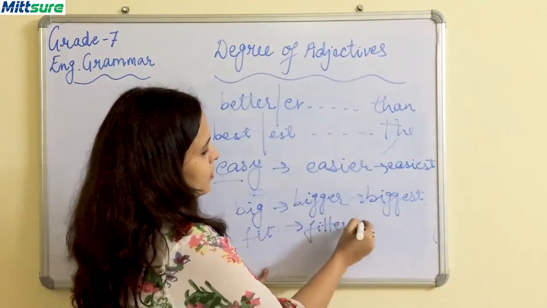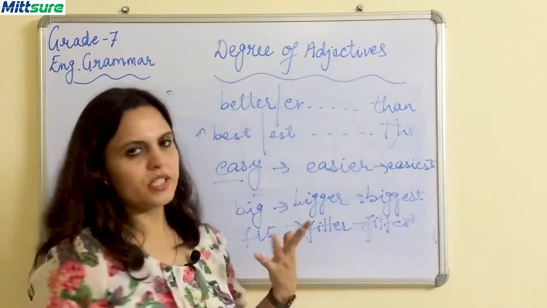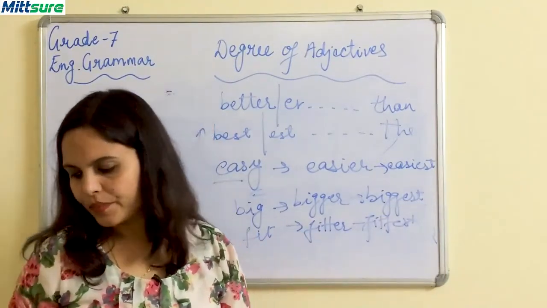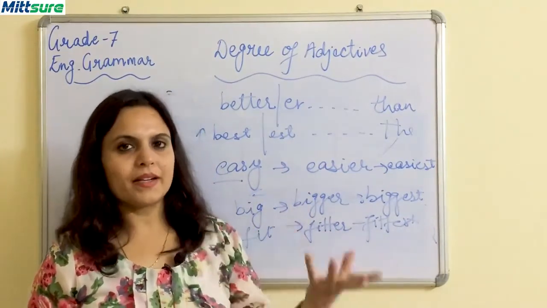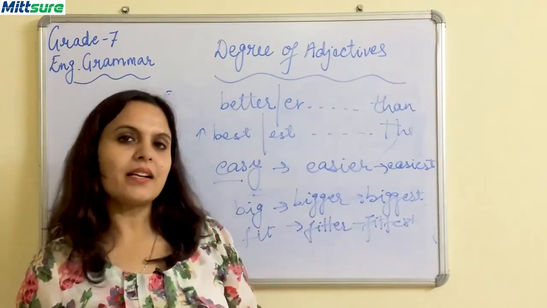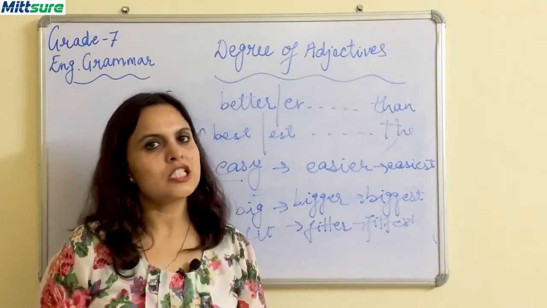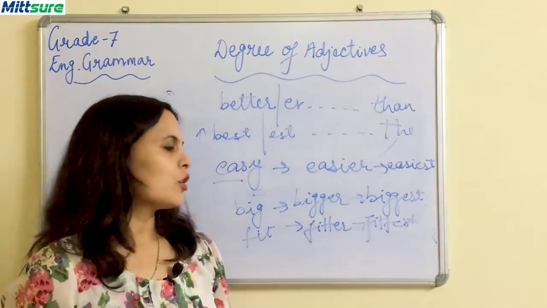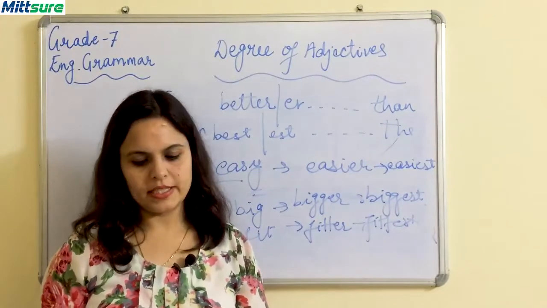So fitter and fittest. Simple as that. Fit, fitter, fittest. And then we have mad. So mad, madder, maddest, sad, sadder, saddest, and thin, thinner, thinnest. These are the cases where the consonant will be double in both comparative and superlative degrees.